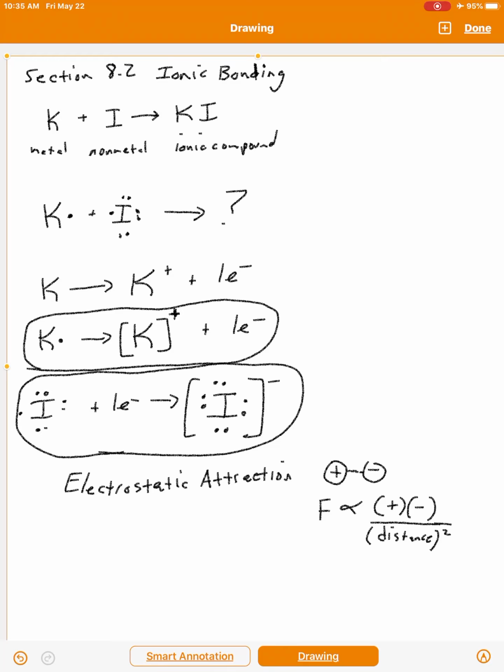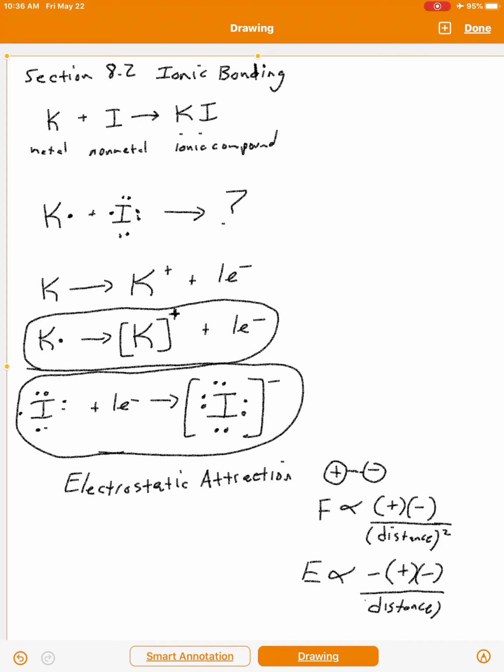But what this shows us is that positively and negatively charged particles are attracted to each other, and that attraction is proportional to the amount of charge they have, multiplied together, divided by the distance squared. Now be careful, because there is a related equation that says that the energy of attraction is proportional to the negative of the amount of positive charge times the amount of negative charge divided by the distance.